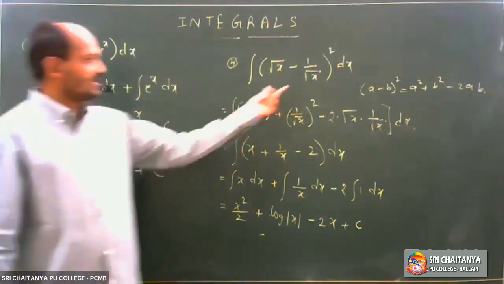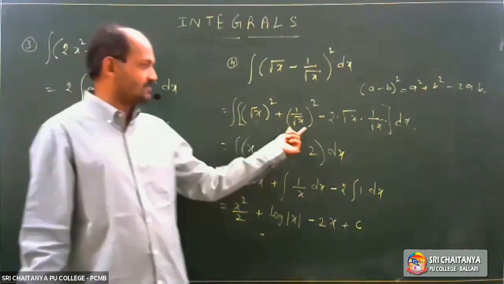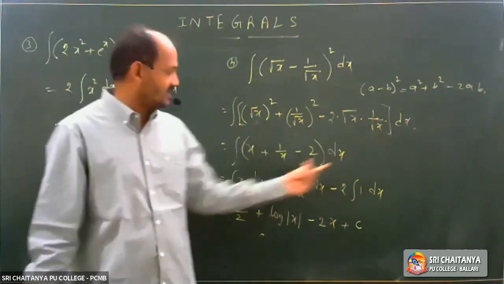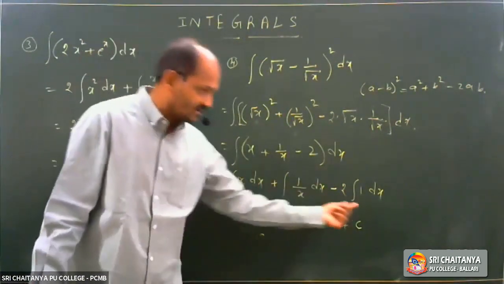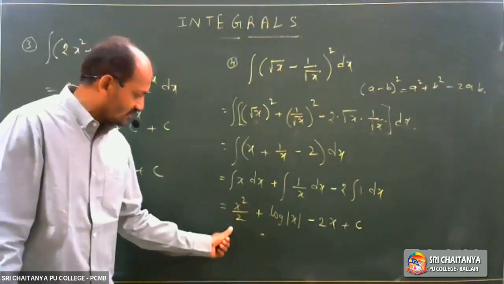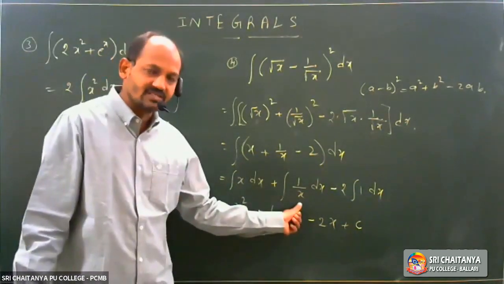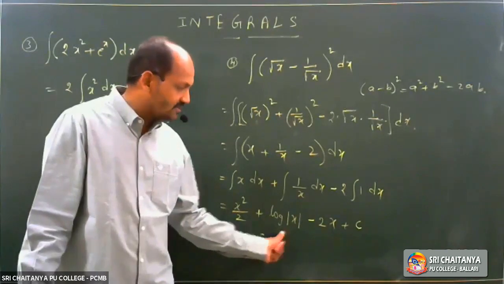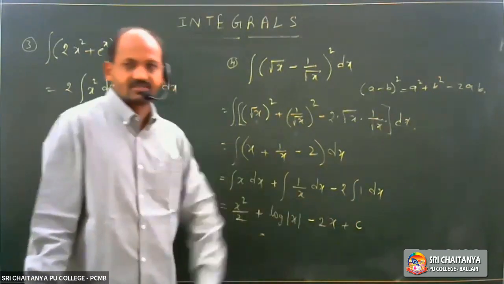Okay? It is a minus b whole square form, the a square plus b square minus 2ab expansion. Then apply integration for these three terms. Integral of x is x square by 2. Integral of 1 by x is log mod x. Integral of 1 is x.